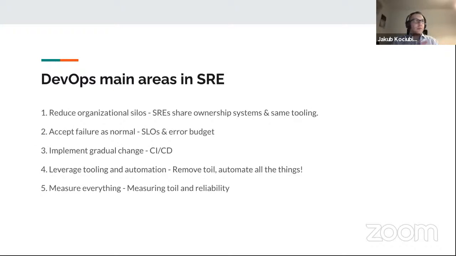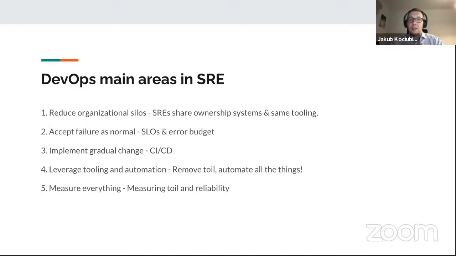So now, final slide. I'm already 5 minutes out of time. As I've said, SRE implements DevOps. We can see how the 5 main branches of DevOps that we defined are implemented in SRE. You get the shared ownership of systems and the same tooling for reducing silos.